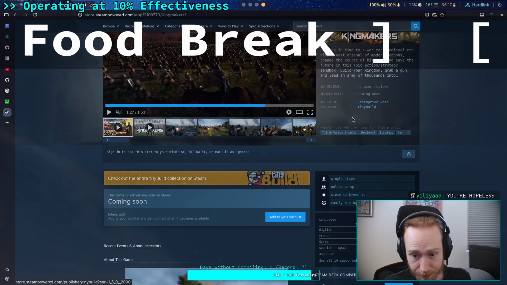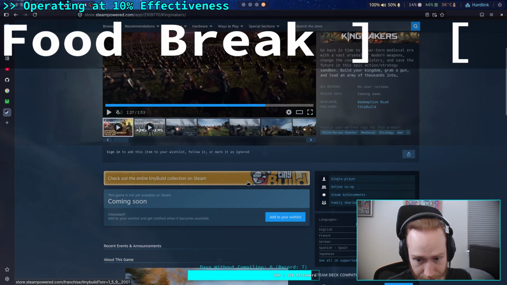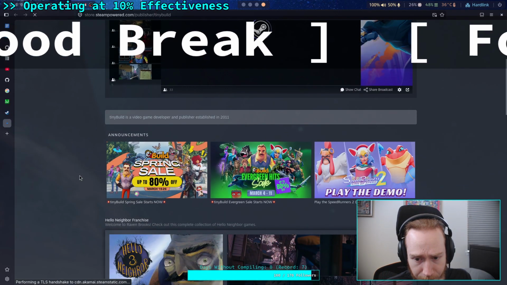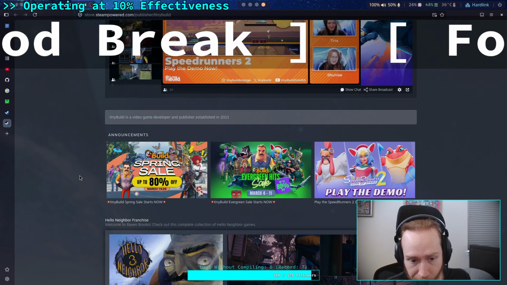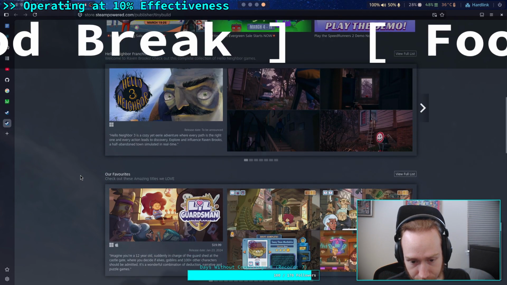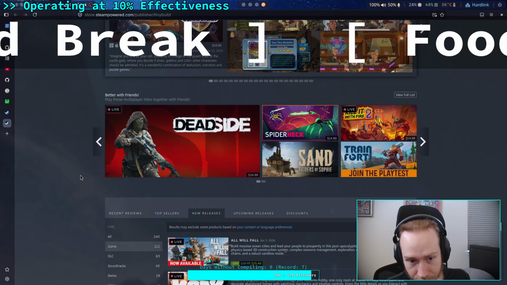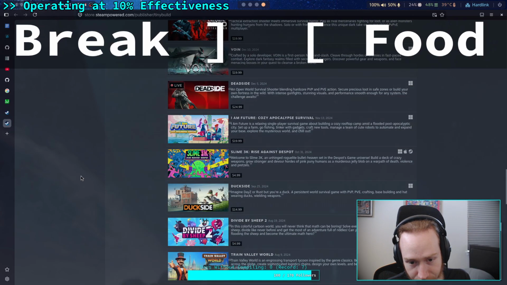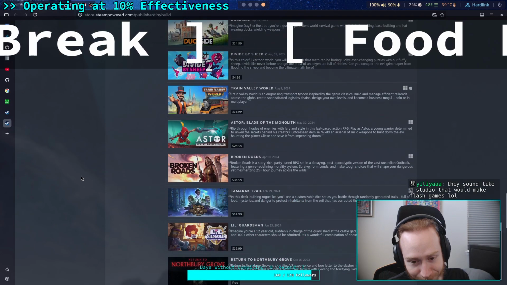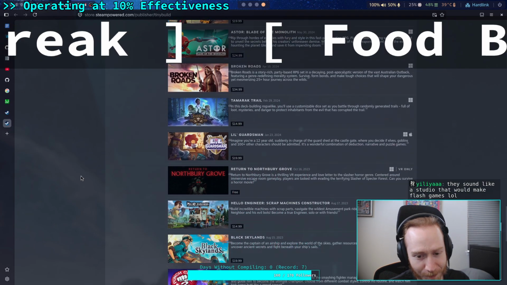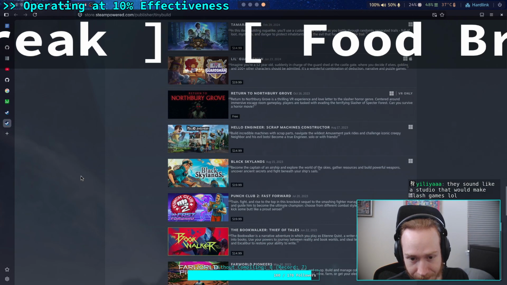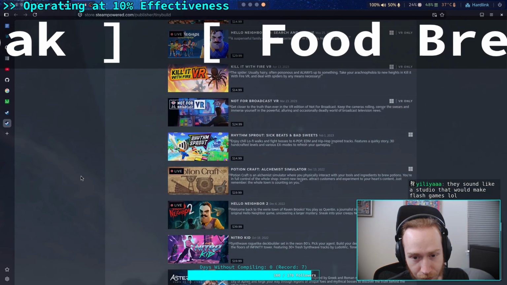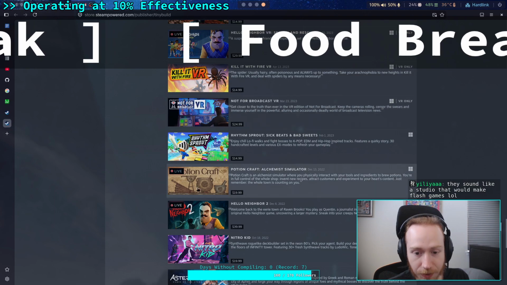Tiny build? What? Hmm. There's two. Potion Craft, okay.